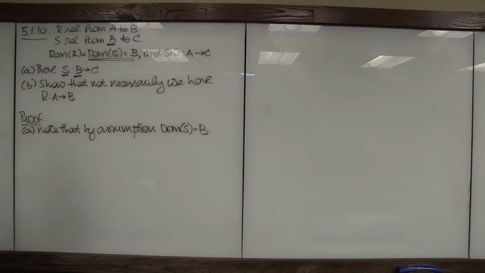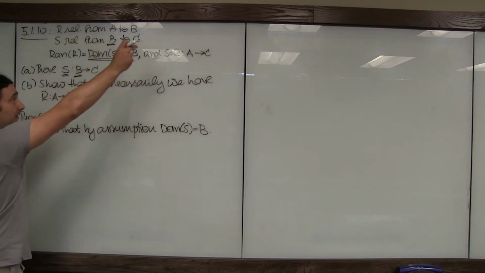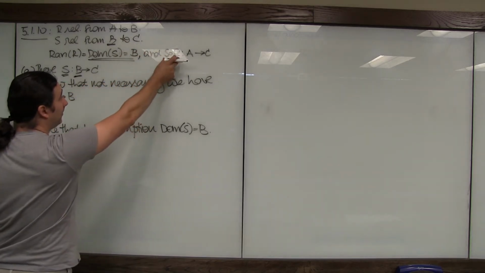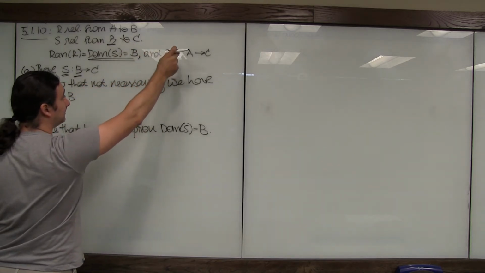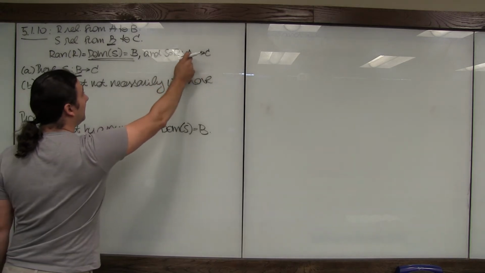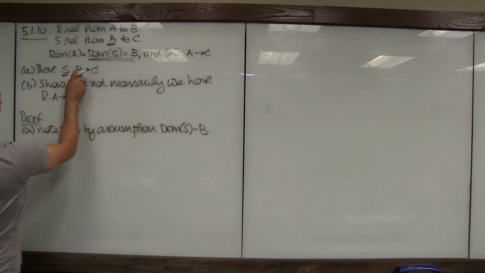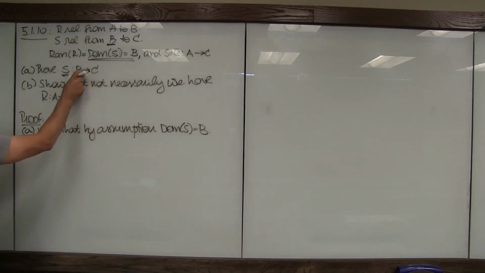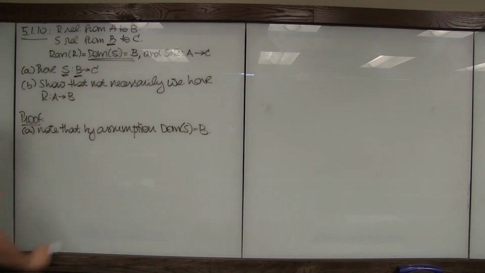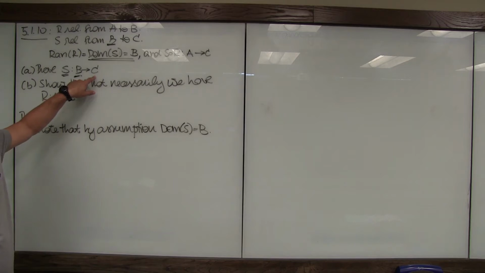Now, after we establish the domain, what we have to show for S is that a little b in capital B is related to exactly one c in C. So that's what we need to do in here.